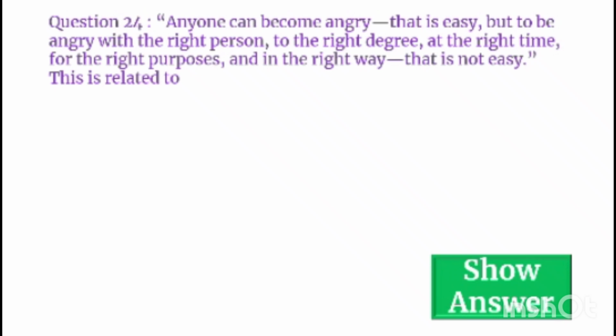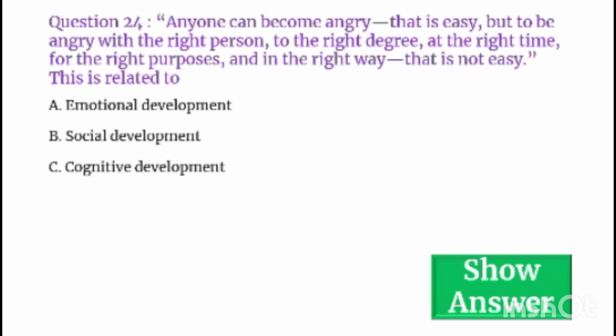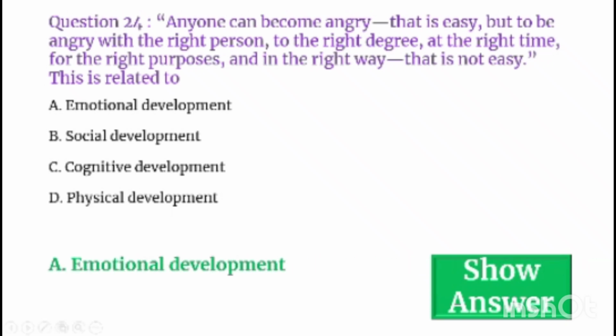But to be angry with the right person, to the right degree, at the right time, for the right purposes, and in the right way, that is not easy. This is known all over the world. This is related to what? A. Emotional development, B. Social development, C. Cognitive development, D. Physical development. Emotional development is appropriate for this question.